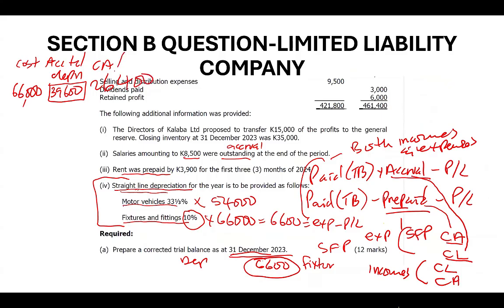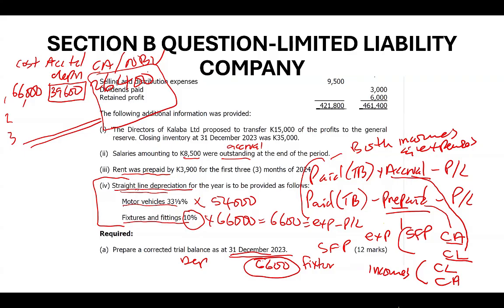Carrying amount, others call it net book value. So when you do asset 1, asset 2, asset 3, you will close the first two columns because what ends up being added are the carrying amounts. And you will do the same thing that I have just explained for the rest of the assets. You will calculate the depreciation for this year, take it as an expense in the profit or loss, add it to the brought forward depreciation in the trial balance, and the total becomes your accumulated depreciation when you do your statement of financial position.